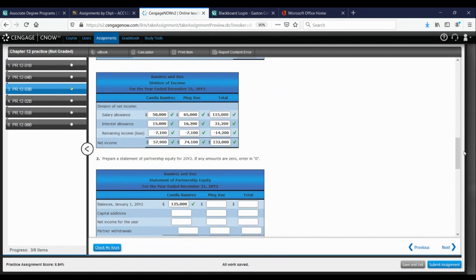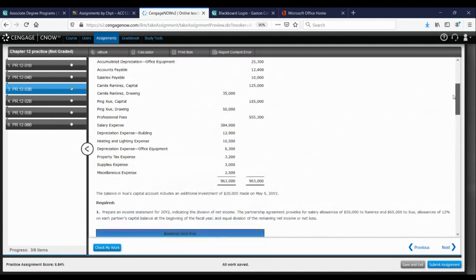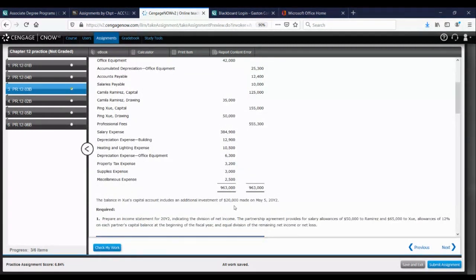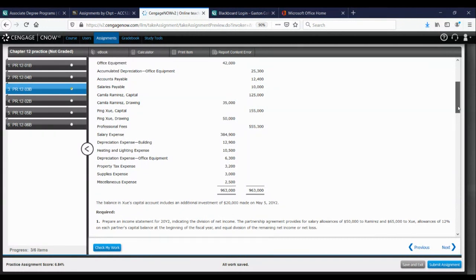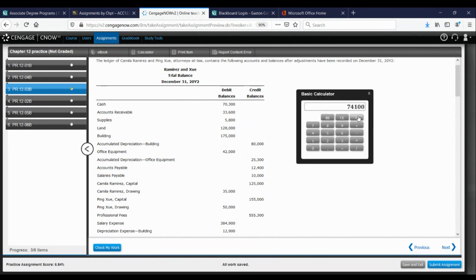For you, we have to determine the beginning balance. Remember, they told us there was a $20,000 additional investment that happened on May the 5th, and that these balances are as of December 31st. So for your capital, the total amount at December 31st was 155,000. We're going to back out the 20,000 from the 155,000.